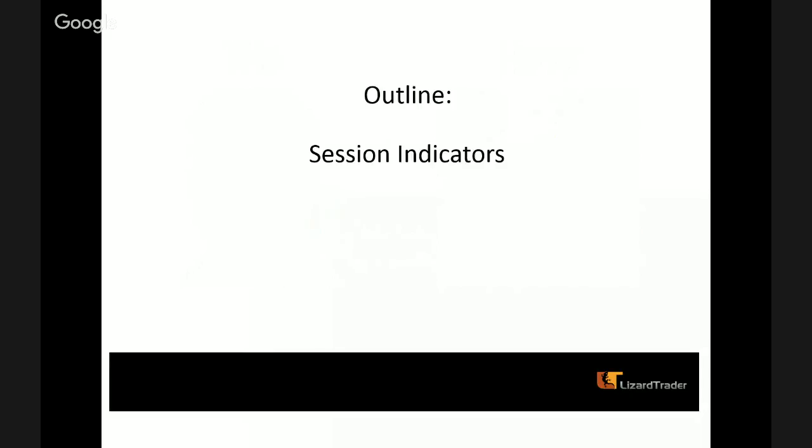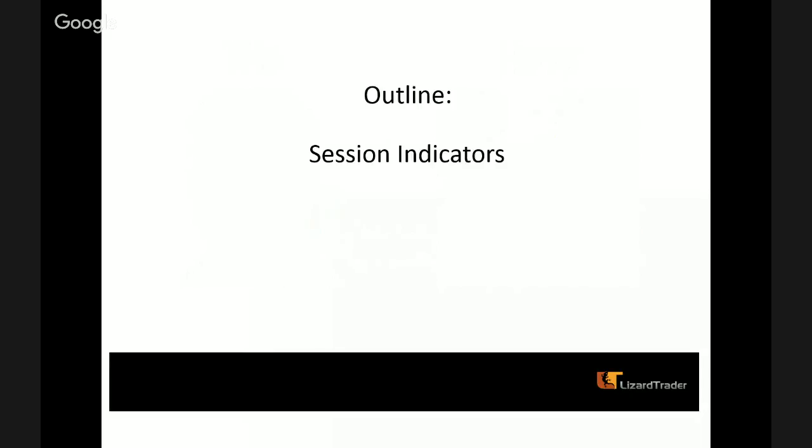And then I'm going to show how to use them in a trend filter today, and I'll also go over how you can use these with trading generally. So if you're already familiar with them, then you'll have to bear with me for the first 20 or so minutes here as I go along explaining the general gist of what session indicators are all about.